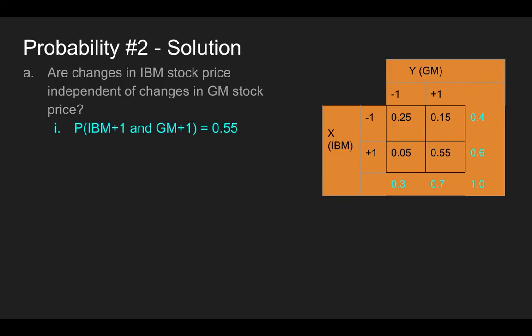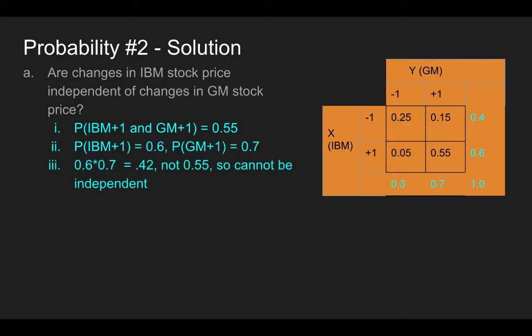So the probability of them both going up, so probability of A and B, is not equal to the probability of A times the probability of B, which is 0.42. Right on. They cannot be independent. Because if they're independent, they have to satisfy the condition that the joint is the product of the marginals. Equal to the product of the marginals. Yeah. Same thing.